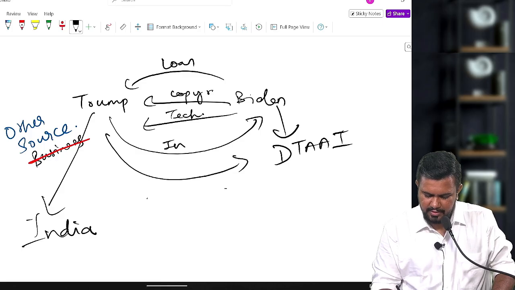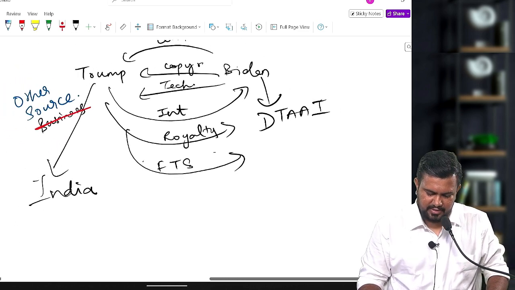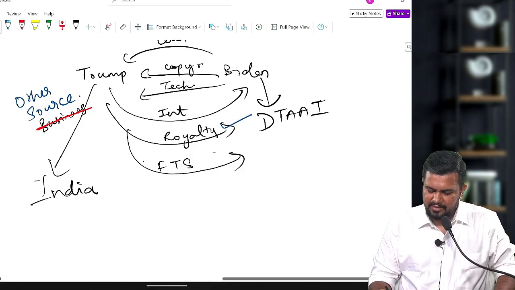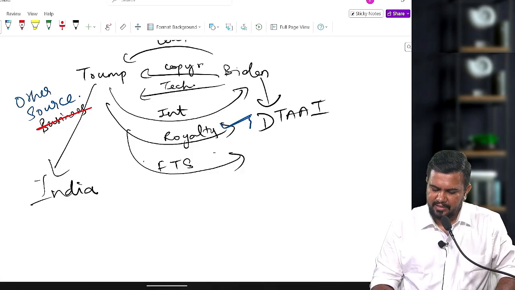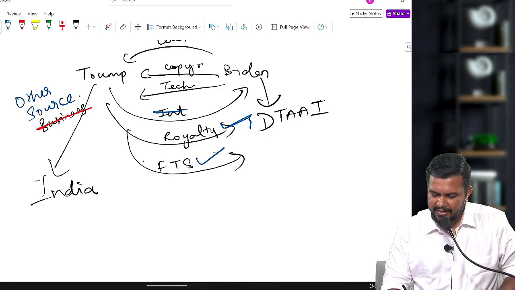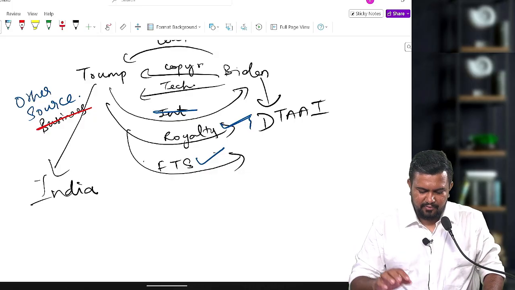He can pay interest, royalty, fee for technical service. In the hands of Biden, royalty is deemed to accrue or arise in India. Fee for technical services is deemed to accrue or arise in India, but interest is not deemed to accrue or arise in India.